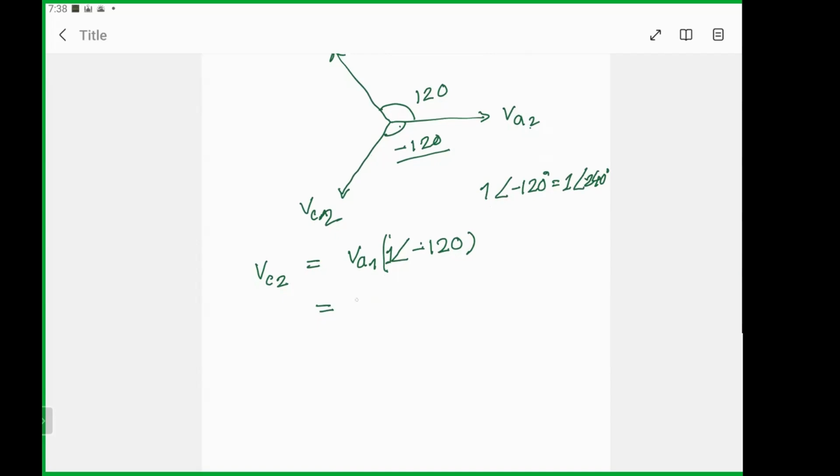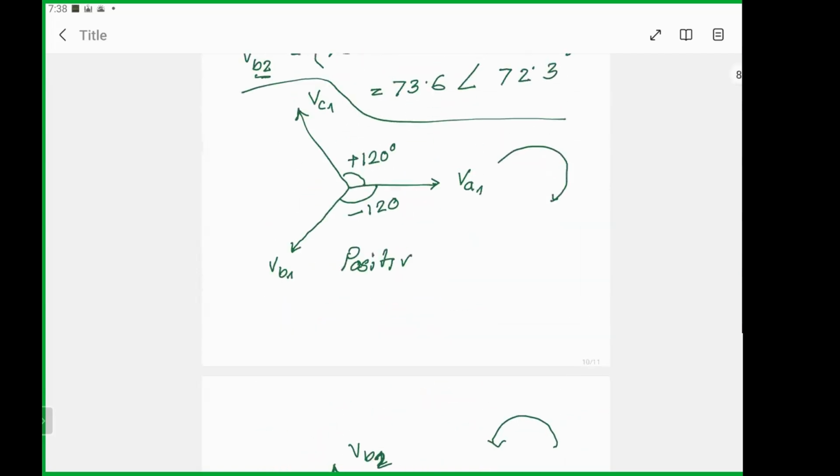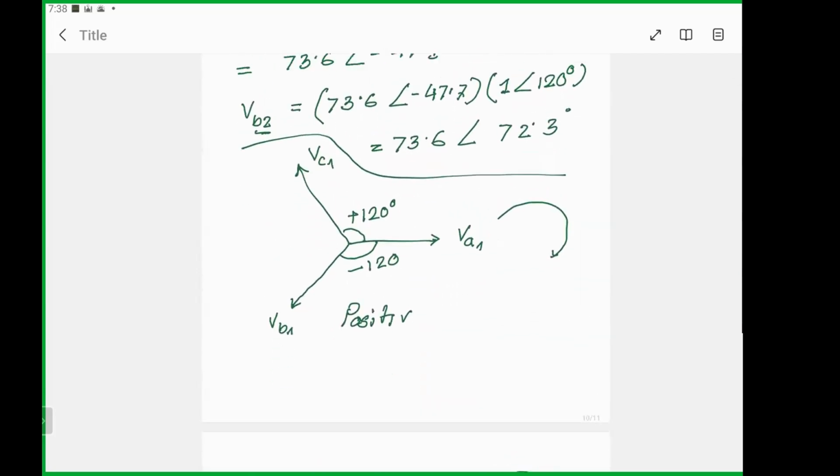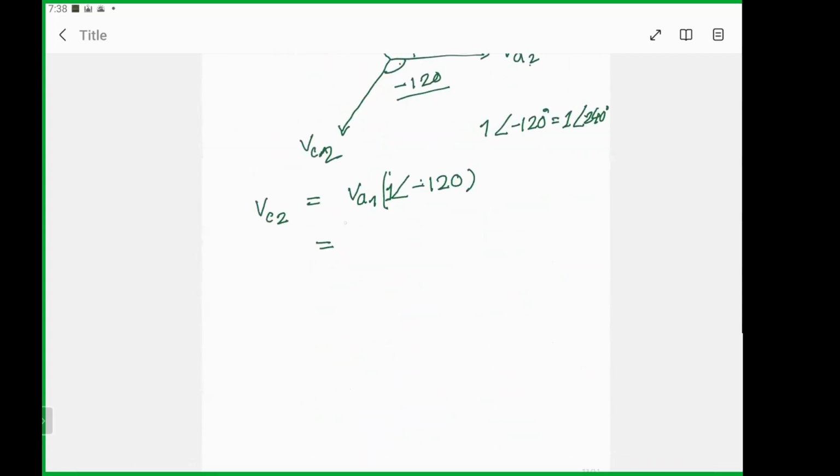So I have to multiply again here. 73.6 angle of minus 43. So I think you can do this calculation. 73.6 angle of 47.7, that is minus, and that has to be multiplied with 1 angle of minus 120.